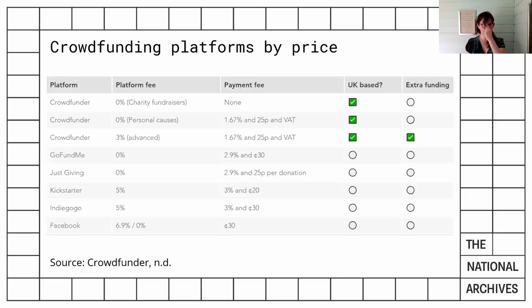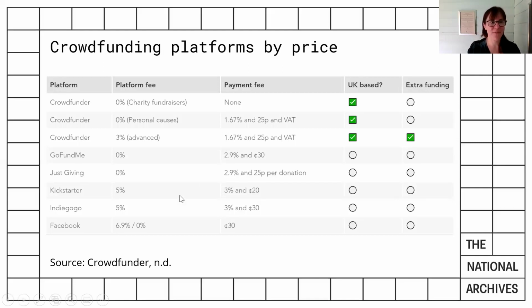And this slide is really one to take away, just to compare and contrast, looking at key elements. So the platform fees, the payment fees, where it's based, and whether or not there's extra funding available.